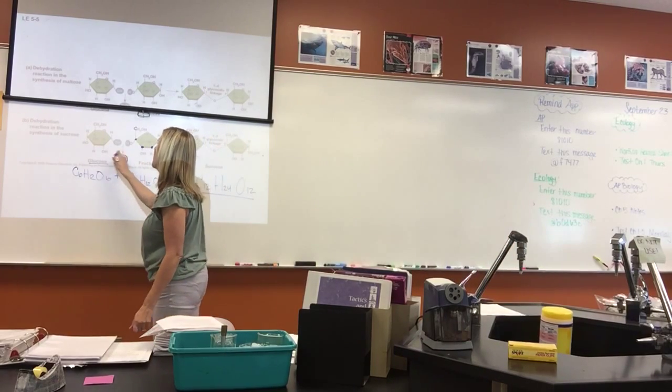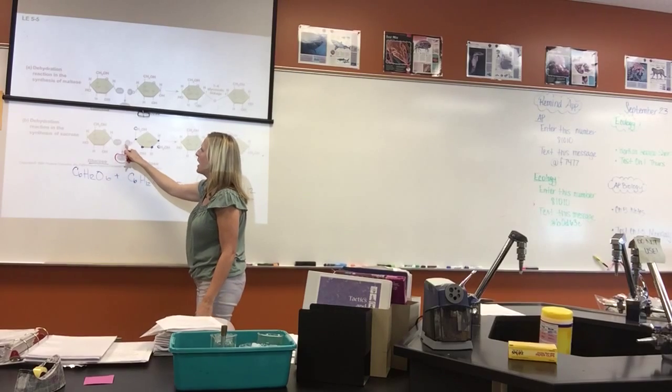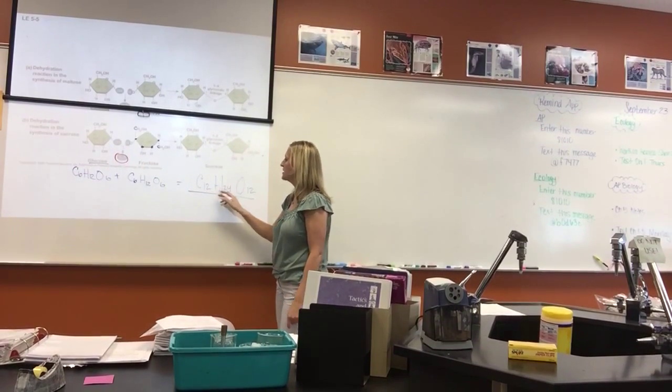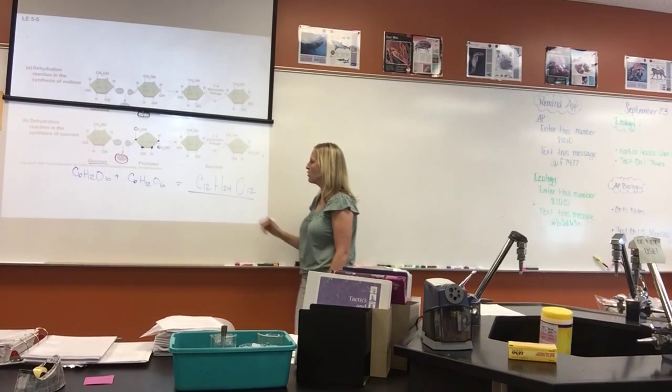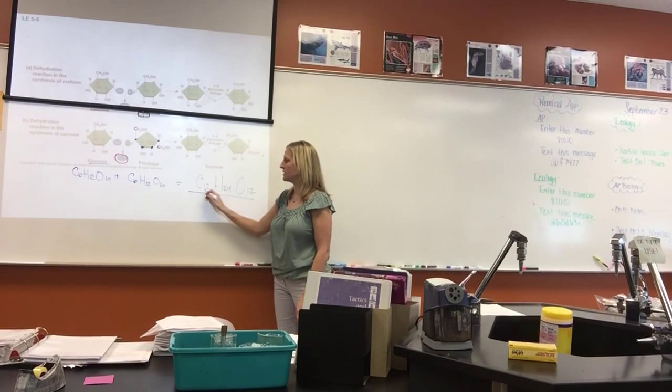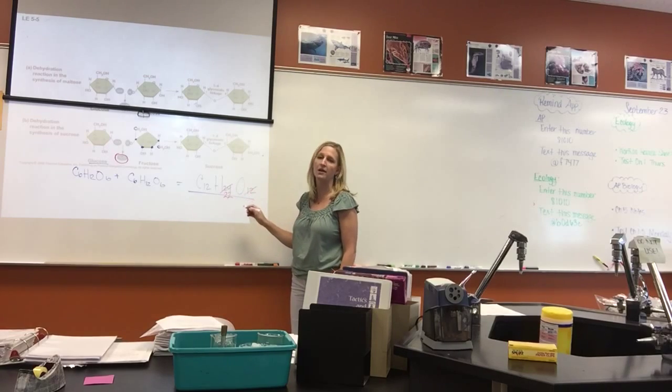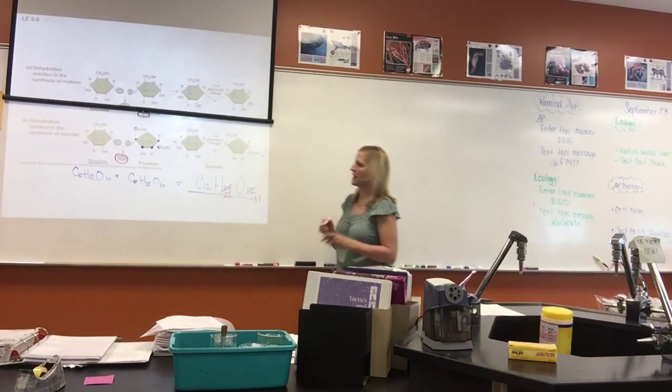In order to hook these together, you really don't have 2 hydrogen and oxygen because it comes off as water. So therefore, instead of C12H24O12, you should have, the carbons aren't affected by water leaving the molecule, but the H's are. So we should have 22 and what? 11. 11. All right, absolutely.